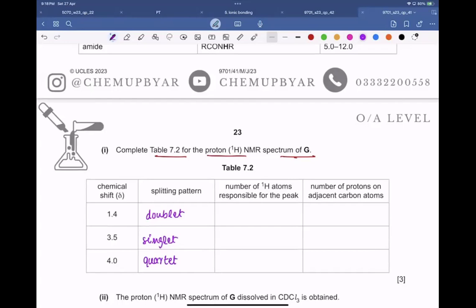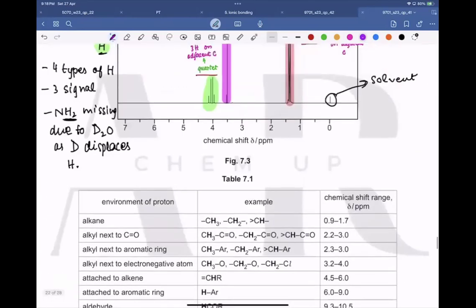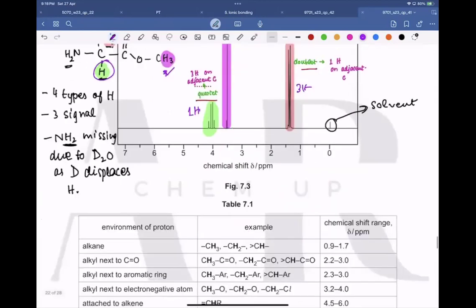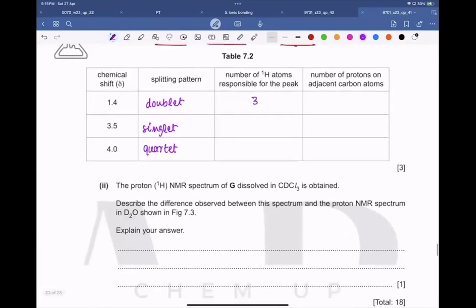Now, the number of protons responsible for the peak. The doublet is due to three hydrogens, these three. The singlet is due to these three hydrogens. And the quartet is due to one hydrogen, this one, right? So I'm going to write 3, 3, and 1.